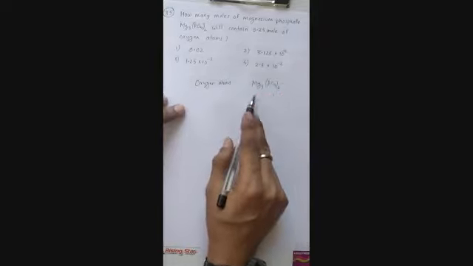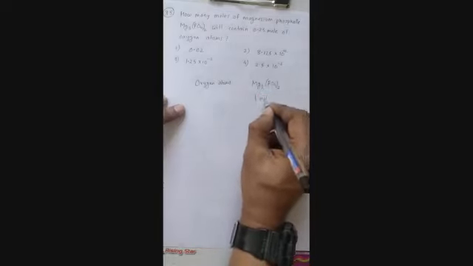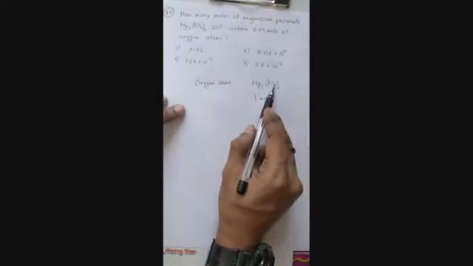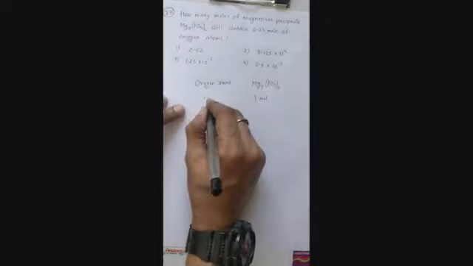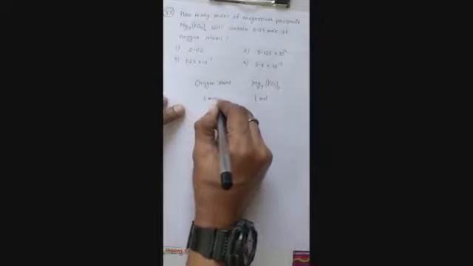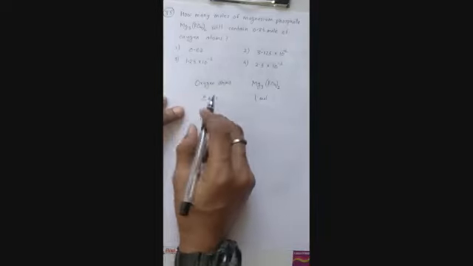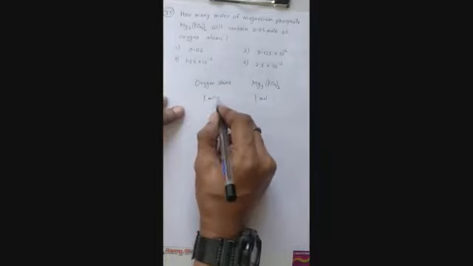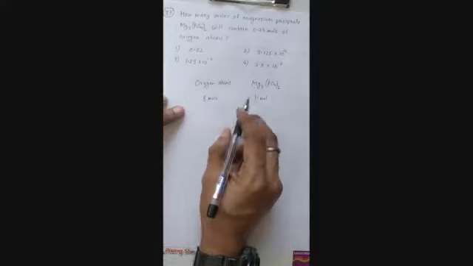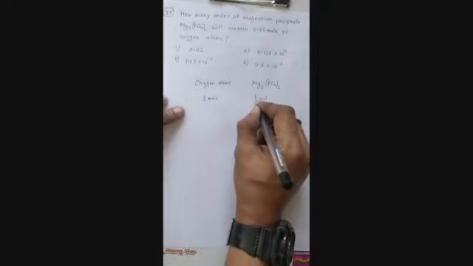And from the formula itself, you can see 1 mole of this will contain how many? 4 into 2 is 8 moles of oxygen atoms, correct? So 8 moles of oxygen atoms are present in 1 mole of this.